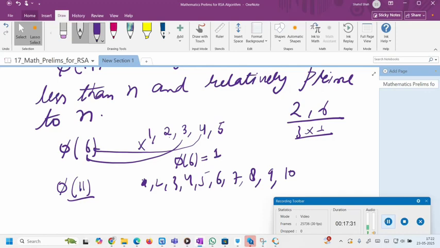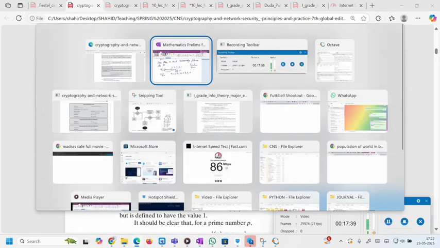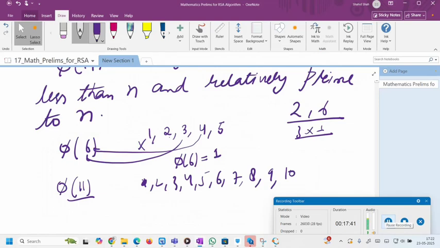Does 11 have any common factor with any of them? No, 11 does not have any common factor with any of them. So how many numbers are there which are relatively prime with 11? All numbers less than 11 are relatively prime, so phi of 11 will be 10.